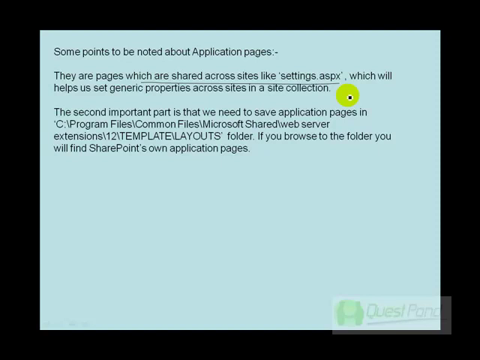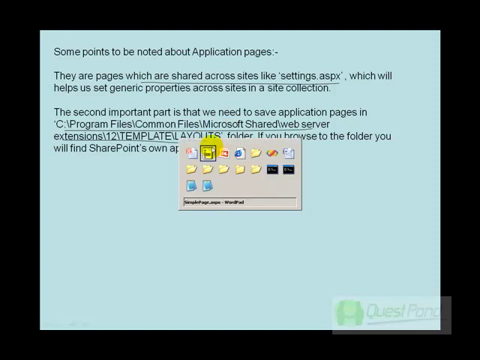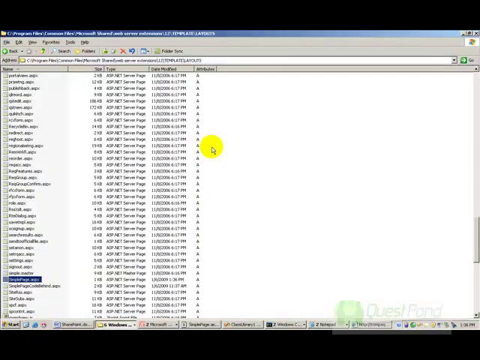The second important part is that they are saved, or they lie, in the layouts folder of SharePoint. So when I say layouts folder, I'm talking about this folder. Now you can see that it's in C program files/common files/Microsoft shared/web server extensions/12/templates/layouts.